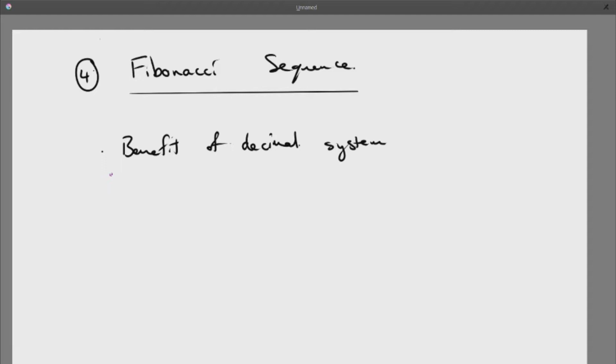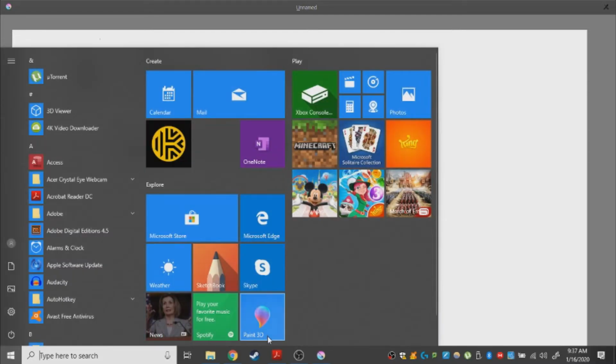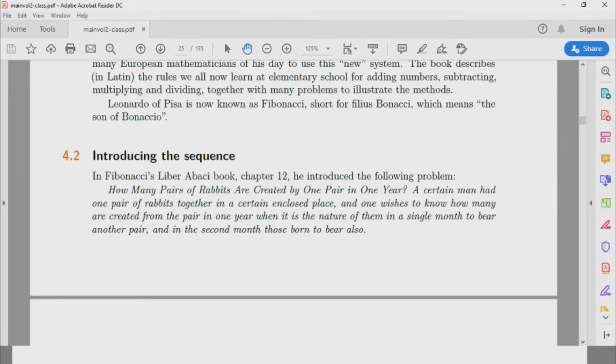In his book, chapter 12, he had this interesting question. I'll just show it in the book so we read it together. Let's read from the book. How many pairs of rabbits are created by one pair in 1 year?